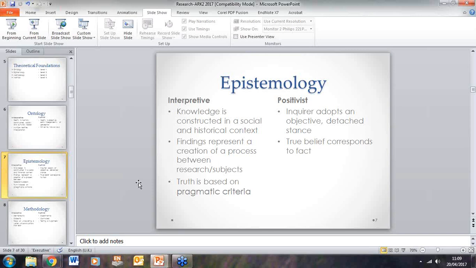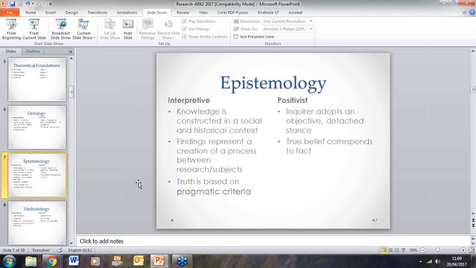The process between the researcher and the subject is part of that knowledge generation. So if you are an interpretive researcher and you want to interview your participants because you want to inquire what they know about a particular subject or a particular instance or a particular event, that exchange, that conversation is part of the process, and that knowledge generation is part of the iterative process of the research.